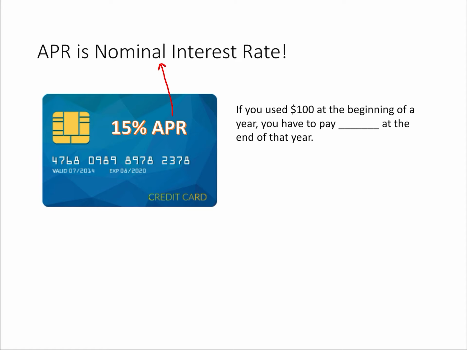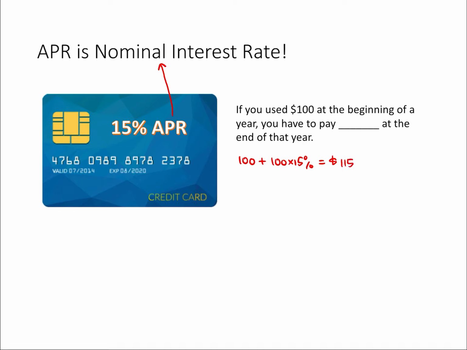Okay, so if you know nothing about this nominal interest rate, of course you're gonna say, APR is that's interest rate per year, so in the end I'm gonna pay 15% more, so you spend 100 and you have to pay 15% more, right?